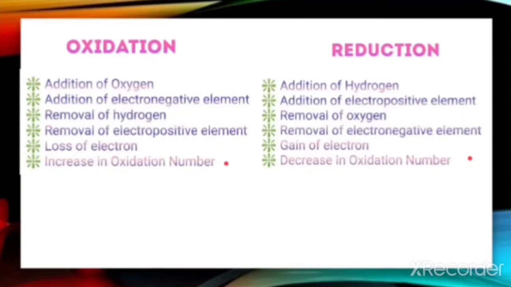As I told you, the most important definitions are loss of electron, gain of electron, increase in the oxidation number, and decrease in the oxidation number. These are the most useful when dealing with any redox reaction. So in further videos, we'll be discussing these two definitions in detail.